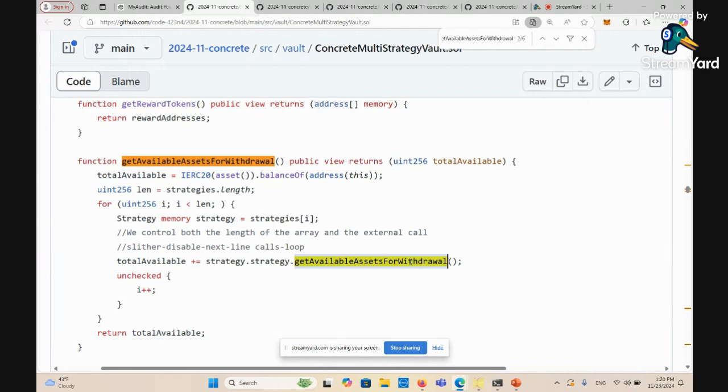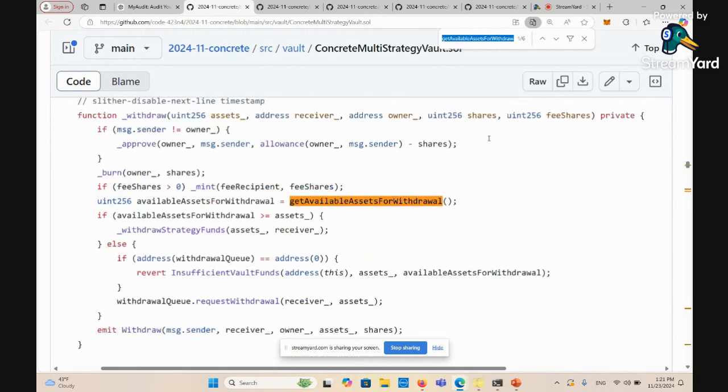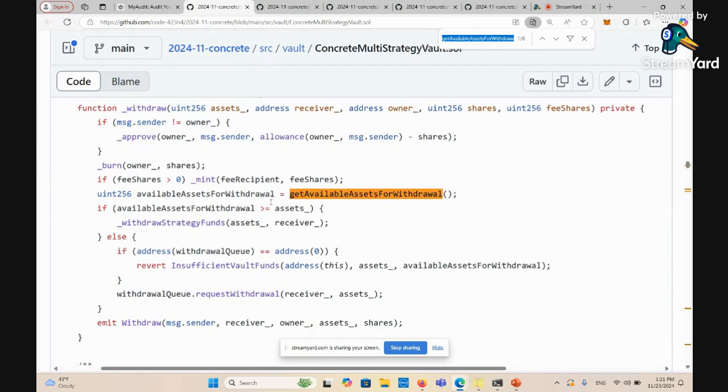So this will give you how much asset is actually stored in every single strategy, and it's available for withdrawal. So you add all these numbers together, then that will give you some idea that this is how much asset we can withdraw.